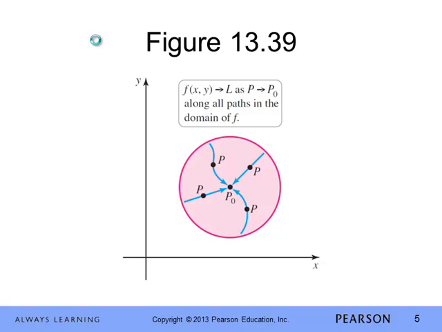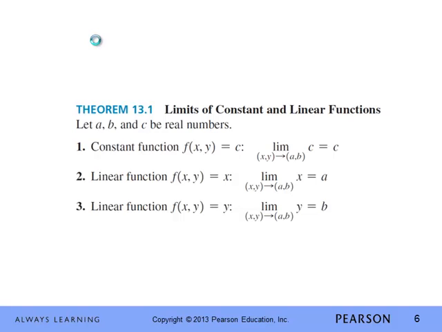All right. Let me open up my textbook here real quick. The same sort of limits that you would expect from single variable functions also apply for two variable or multivariable functions in general.